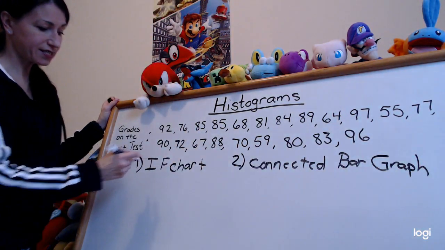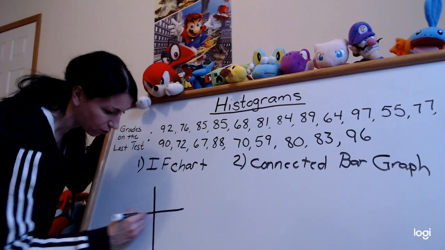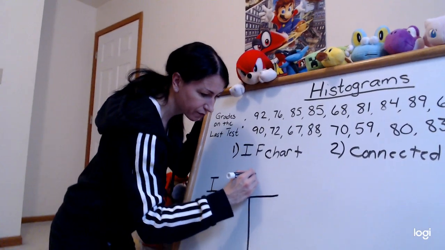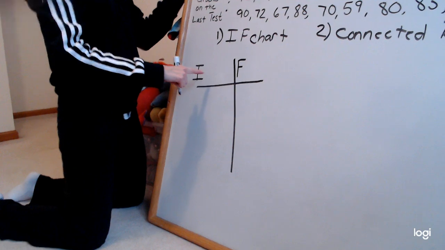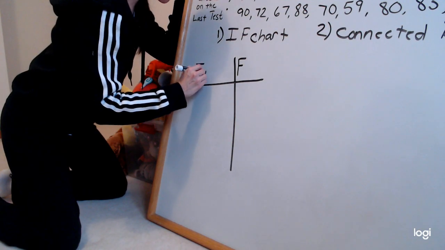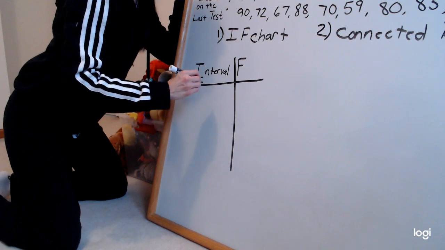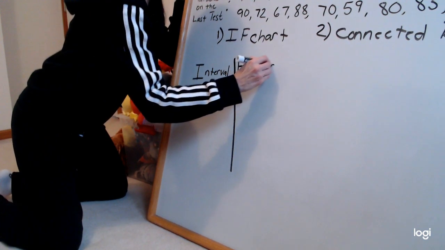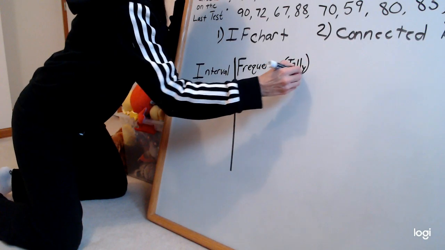I call it an if chart because we actually are going to make a table. The left side starts with an I. The right side starts with an F. Go figure. The I stands for interval, and the F stands for frequency. And we're actually going to make tally marks to see the frequency.